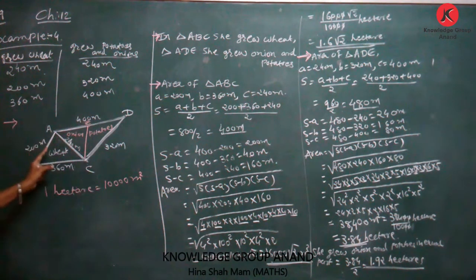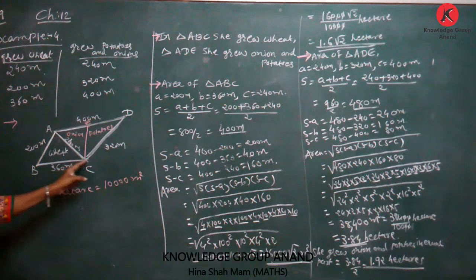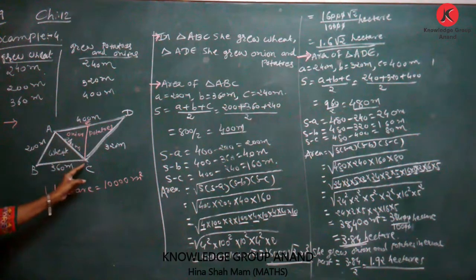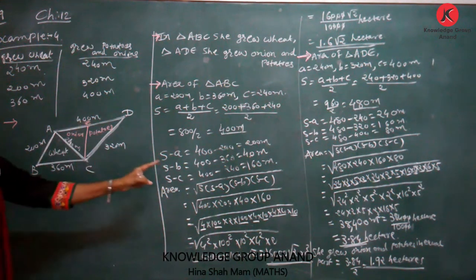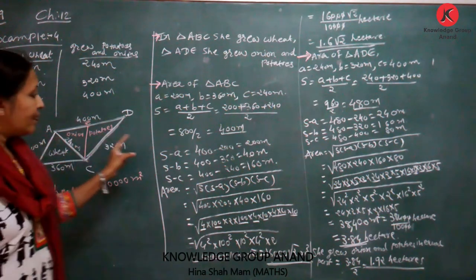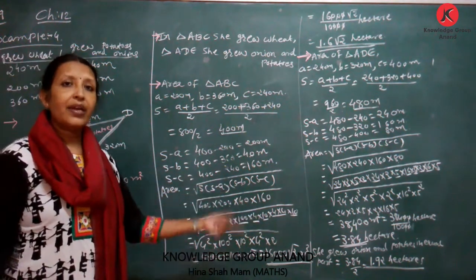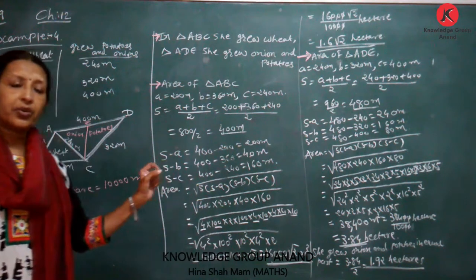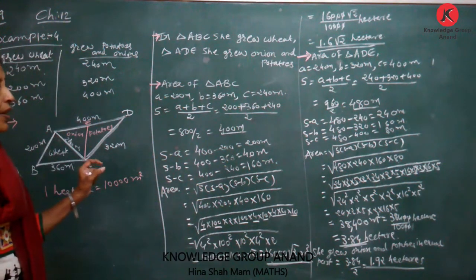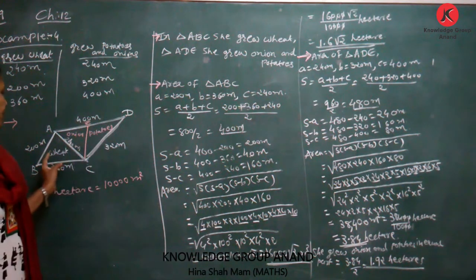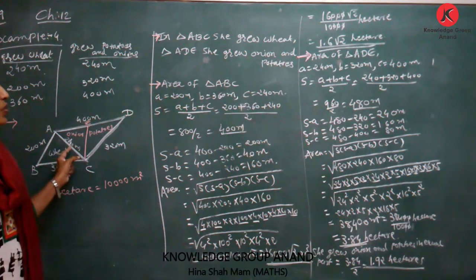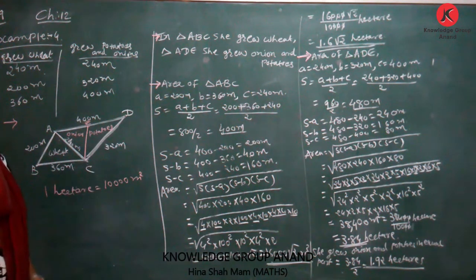Then first we find the area of triangle ABC, area of triangle ACD, then two parts: area of onion she grew, area of potato she grew in 1.92 hectare, 1.92 hectare, and 1.6 root 2 hectare she grew wheat.